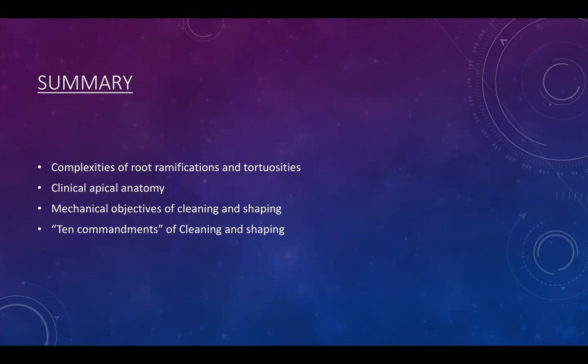However, larger files should be pre-curved more away from the tip because of the strength. The larger it is, the more strength and the more effective it is in cleaning and shaping the larger diameter of the canal.